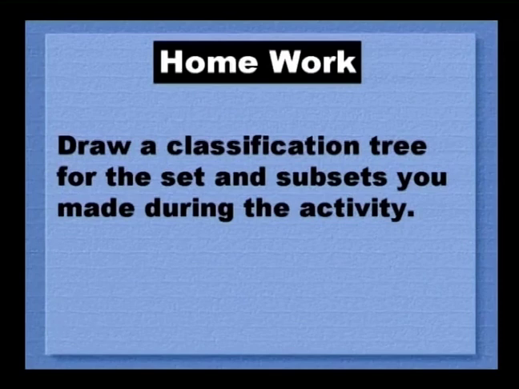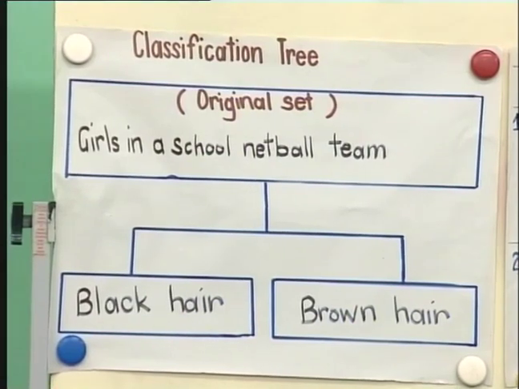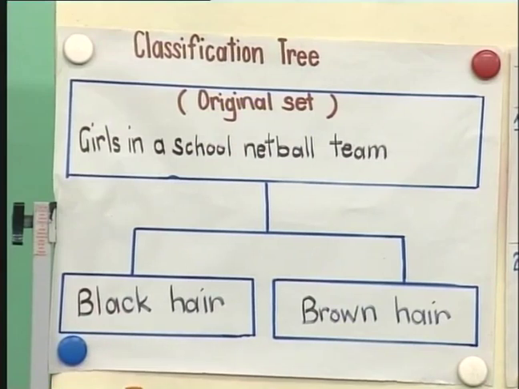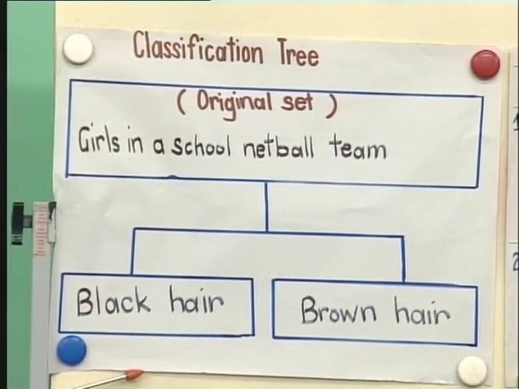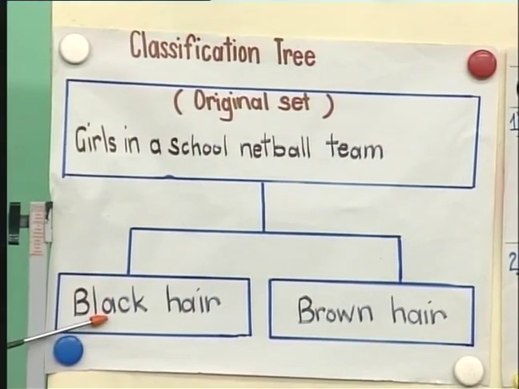Let's see what we mean by classification tree. That is a classification tree. We have it on the screen as well as on the paper. You will be making a classification tree like this of the activity you just did for this lesson.